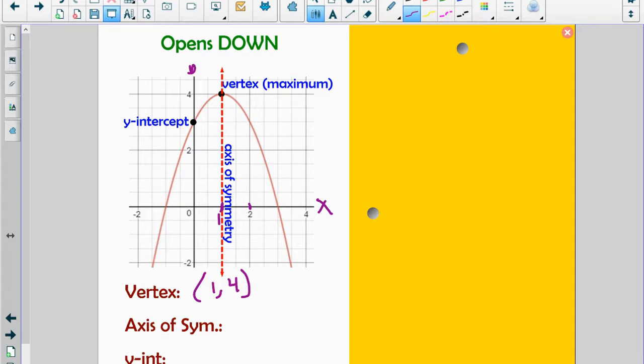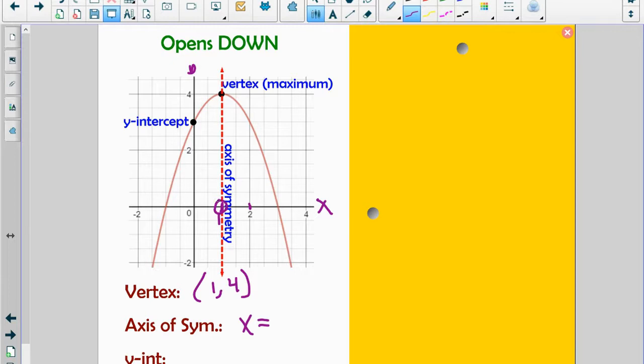For the axis of symmetry, we always write the equation of that line of symmetry. And all of our equations are going to be x equals a number anytime that you are referring to a vertical line. That's from that previous unit on linear equations. So x equals a number, and it's always going to be whatever value this line crosses the x-axis through.